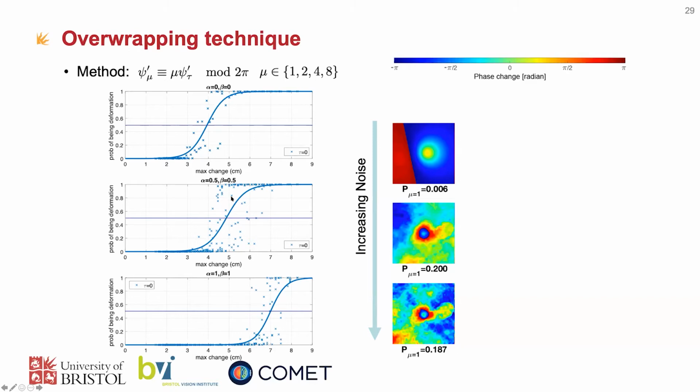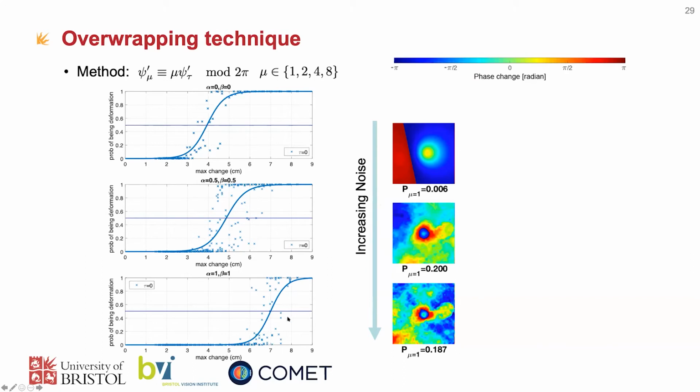The CNN can detect about 4 or 5, and 7 when the noise increases. So that means if there's noise here, and if the volcano movement is less than 7, the CNN cannot detect it.